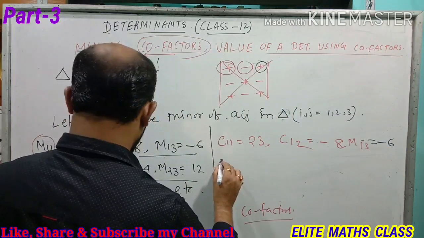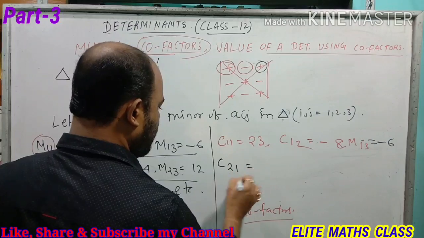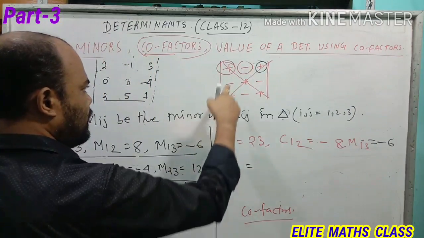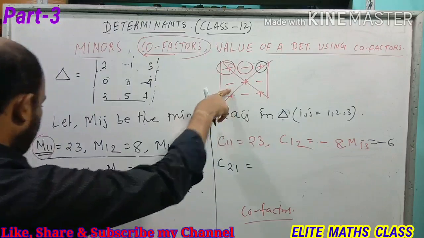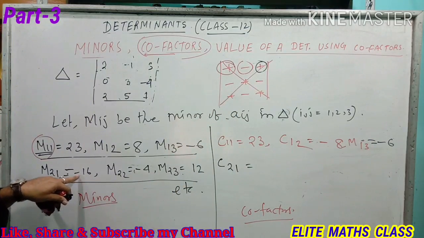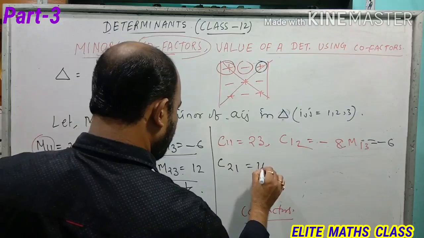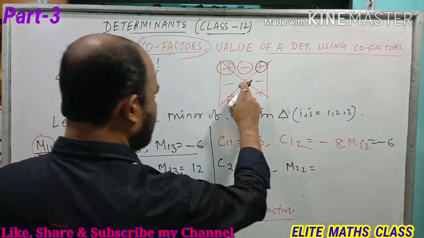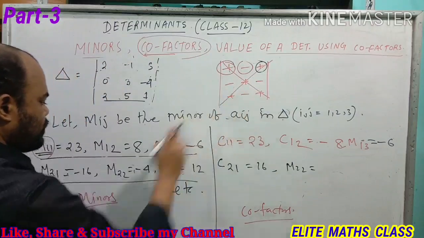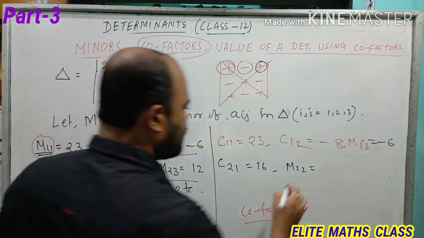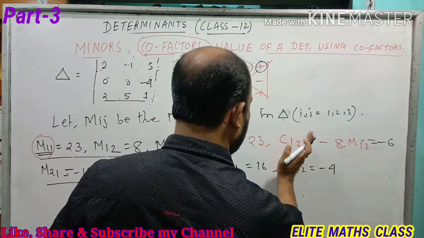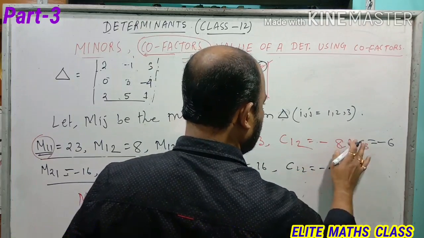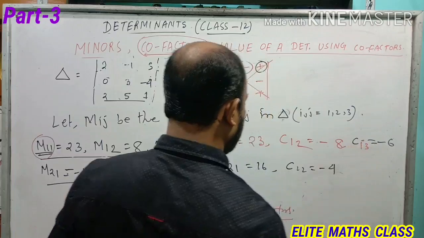Now see C21, that is the cofactor of the element A21, whose position? This one is minus, as its minor is minus 16, so its cofactor will be 16. M22, this is the middle position, it is positive, so its minor and cofactor will be the same. Sorry, it is C22, this is C13.